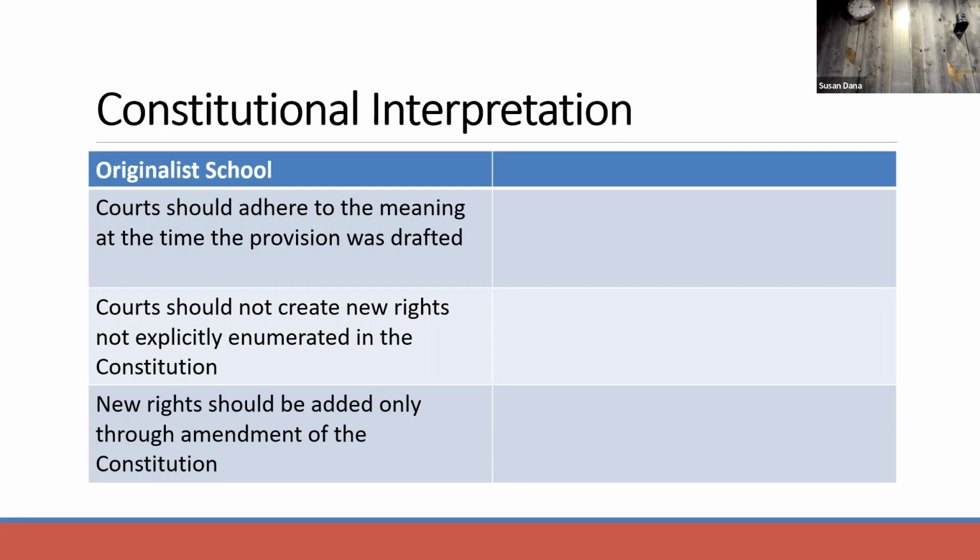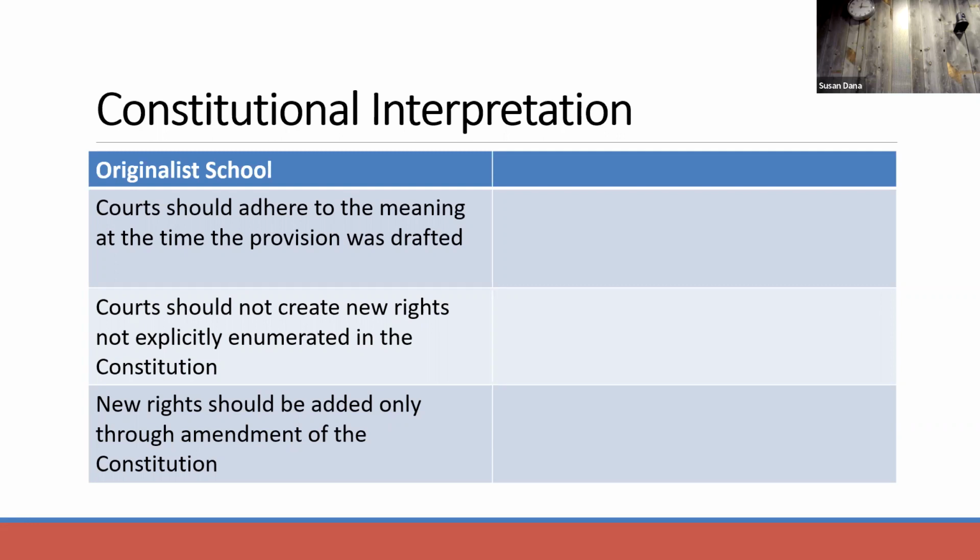They say, the originalists say, it's not for the courts to make up new rights. So the right of privacy, for example, is not in the Constitution. That word is not in the Constitution. And so what the court starting in 1965 did was, and I'll get to that in a minute, but basically what they did was say, well, it's implied in the Constitution because of all these other provisions. The originalists say that's illegitimate.